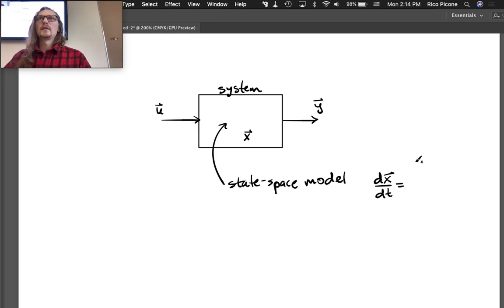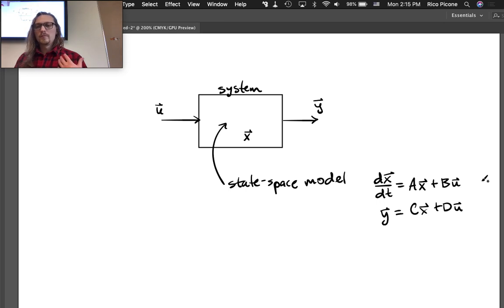State variables. Yeah, it's the vector of state variables, or the state vector. If it's linear, we can write it Ax, some matrix A, times the state variable vector x, plus Bu. And the output can be described algebraically as Cx plus Du.